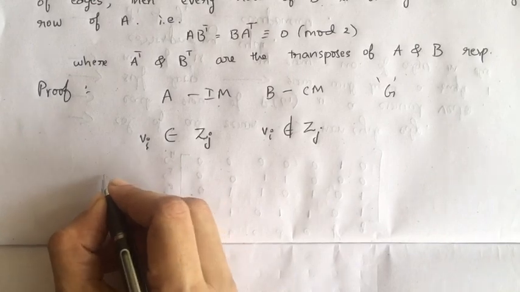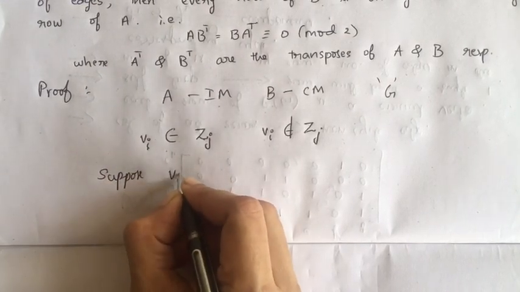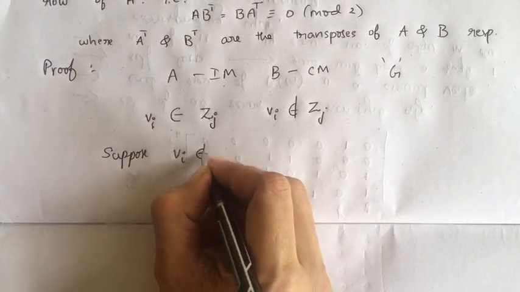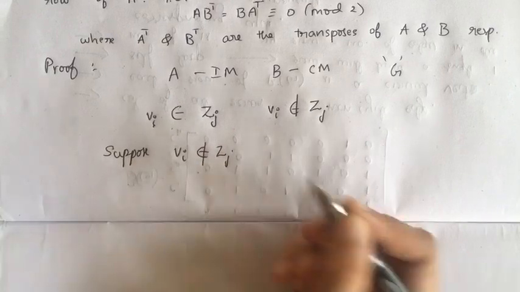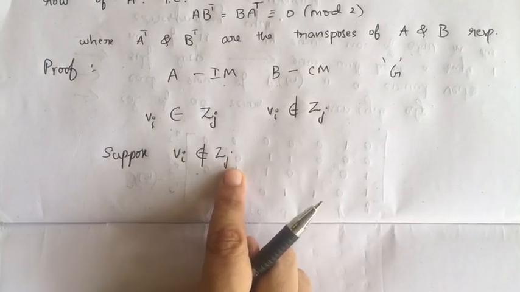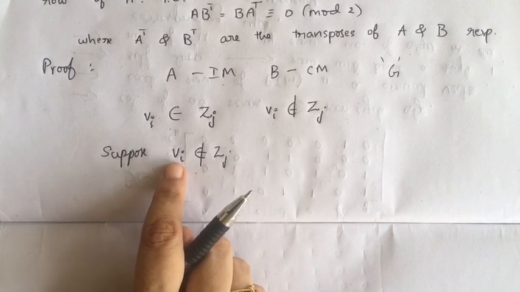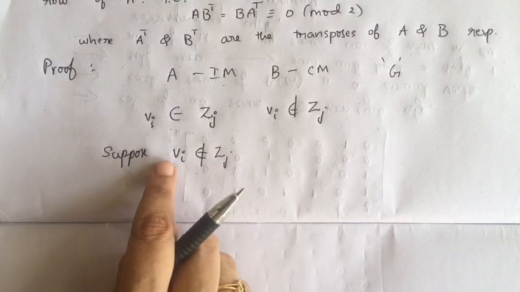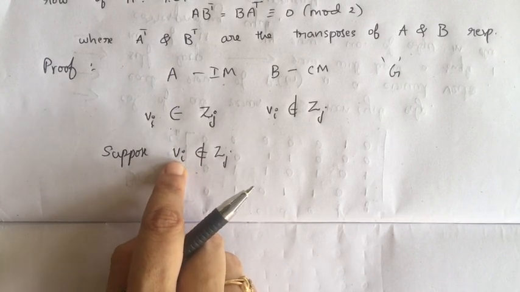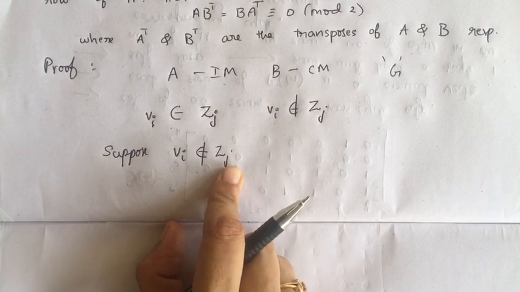In case vertex Vi of G is not included in Zj, then there is no edge of Zj which is incident on Vi. If Vi is not in Zj, then whatever edges are incident on Vi won't be there in the circuit Zj.